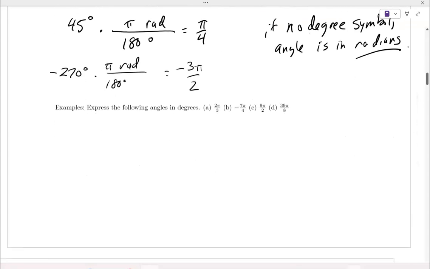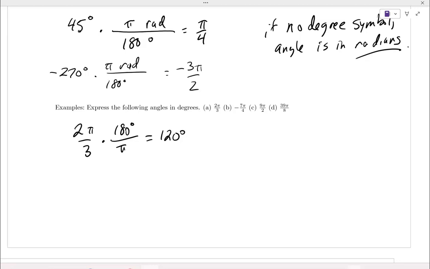If you want to go the other way, from radians to degrees, if I start with 2 pi over 3, what do you think we'll multiply in this case? Instead of pi over 180, we'll multiply by 180 over pi, right? Your pi's cancel in that case. 3 goes into 180 60 times, so you end up with 120 degrees.